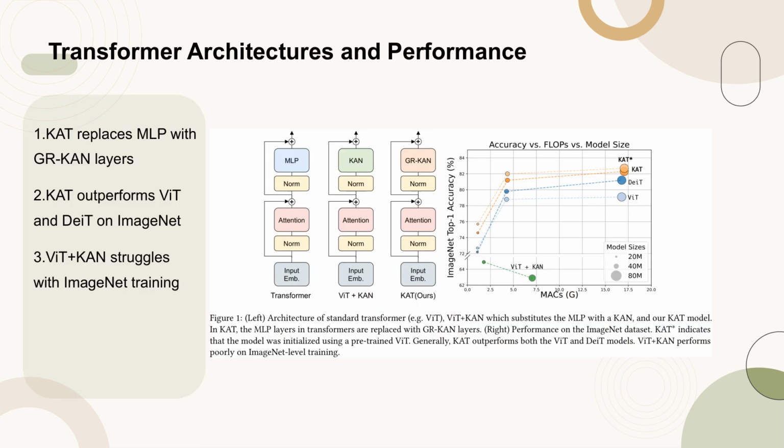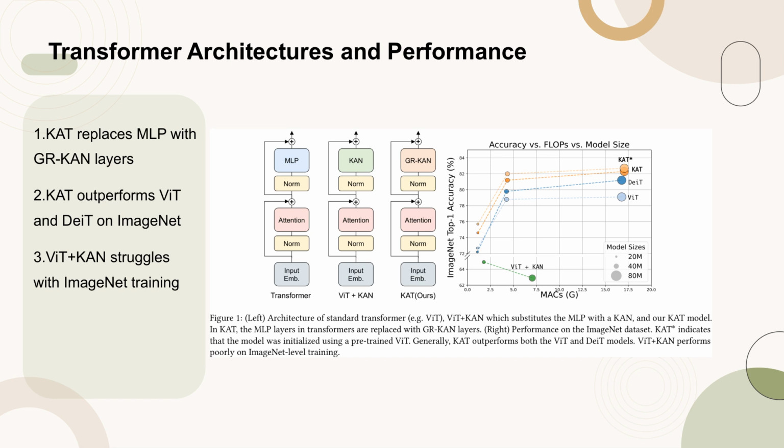Figure 1 illustrates the architectural differences among standard transformers like ViT, ViT plus KAN, and our proposed KAT model. On the left, it shows how KAT substitutes the traditional MLP layers with GR-KAN layers, enhancing the model's expressiveness and performance. The right side of the figure presents the performance metrics on the ImageNet dataset.